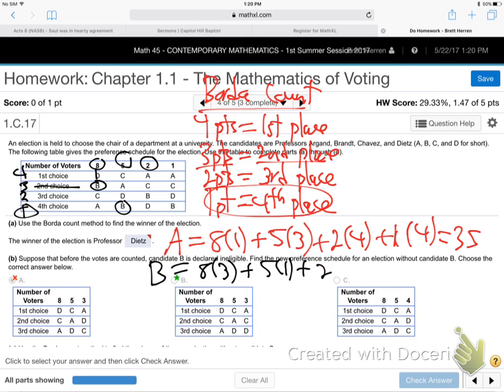And 2 people each gave B what? 2 points? Finally, 1 person gave B 1 point. 24, 29, 33, 34. 34 total points for B. Is that good so far? Makes sense how I'm cranking that out?